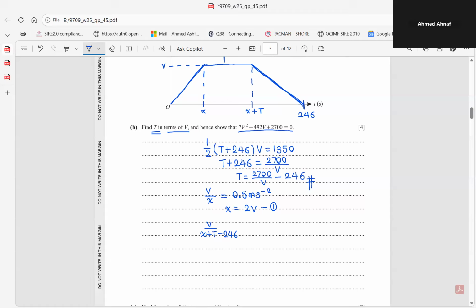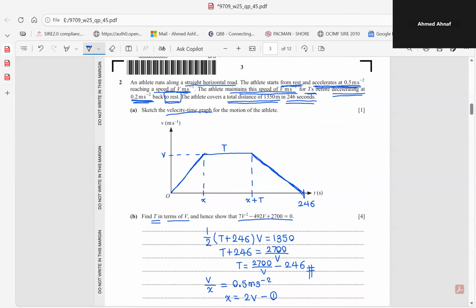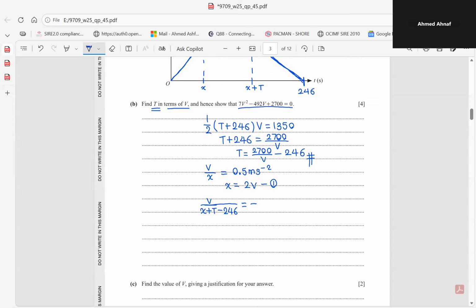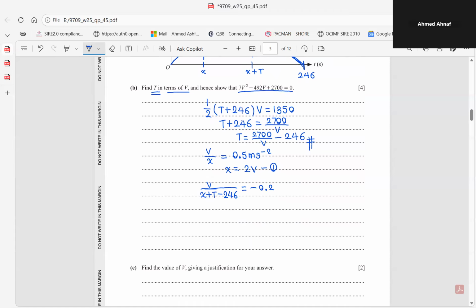We can make it equal to minus 0.2 because the gradient is negative. I believe this is going to be the final equation.